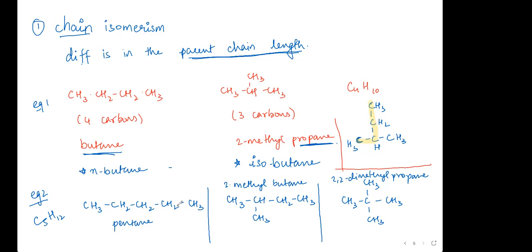If you're wondering whether this is a different isomer or the same isomer, the simple test is to write down the IUPAC name for it. If the IUPAC name is the exact same thing, then the compound is the same. If there is a difference in the IUPAC name, then it's a different compound. But you need to make sure that you don't make mistakes in figuring out the IUPAC name.